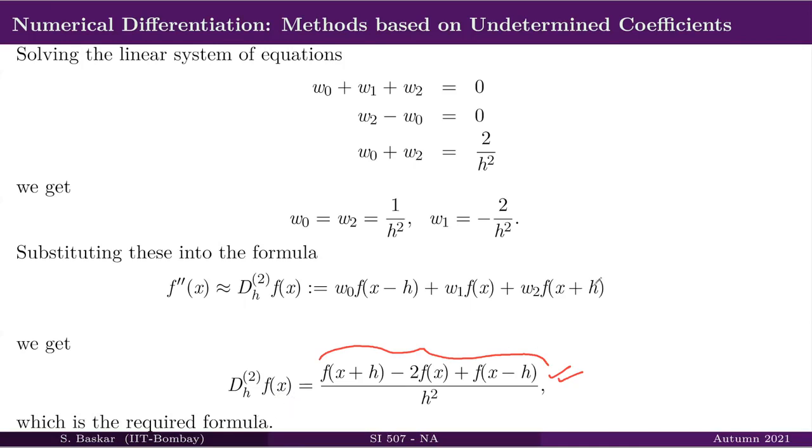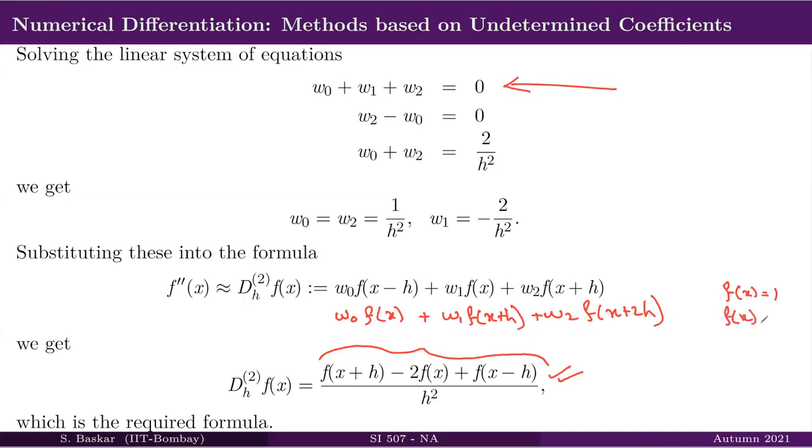Similarly, if you want to derive the forward difference formula, you write the general form as W0 f(x) + W1 f(x + h) + W2 f(x + 2h). Again, you impose three conditions: f(x) = 1 gives you one equation, f(x) = x gives you another equation, and f(x) = x squared gives you another equation.